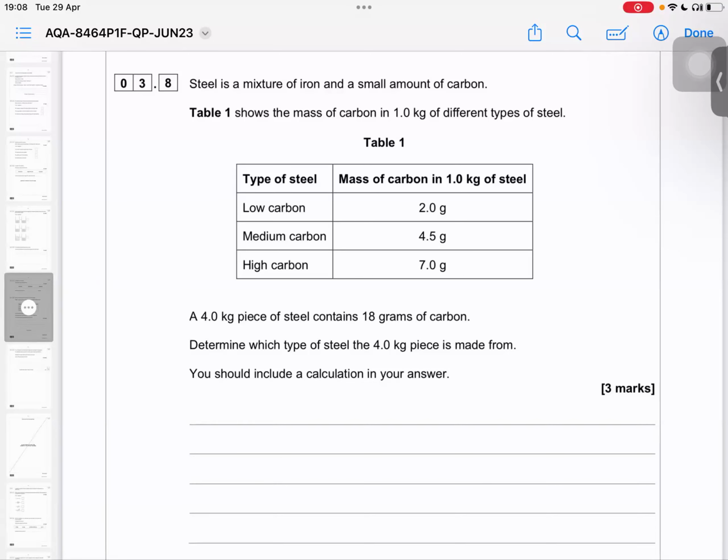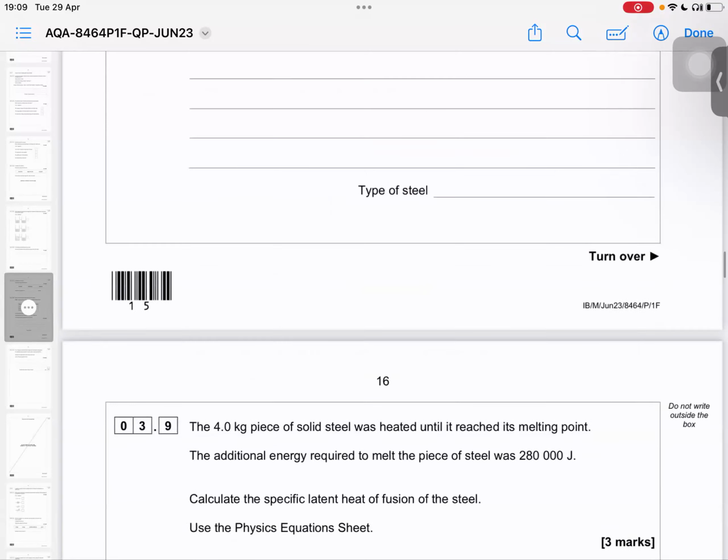Does it agree with our calculations? Yes. Okay, all right. So let's move on.